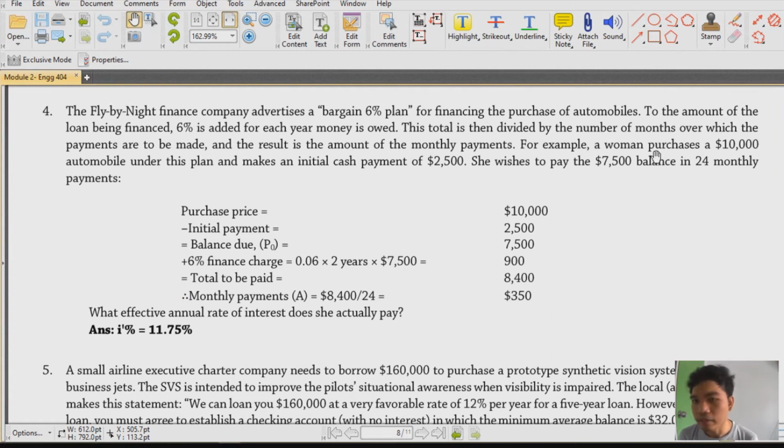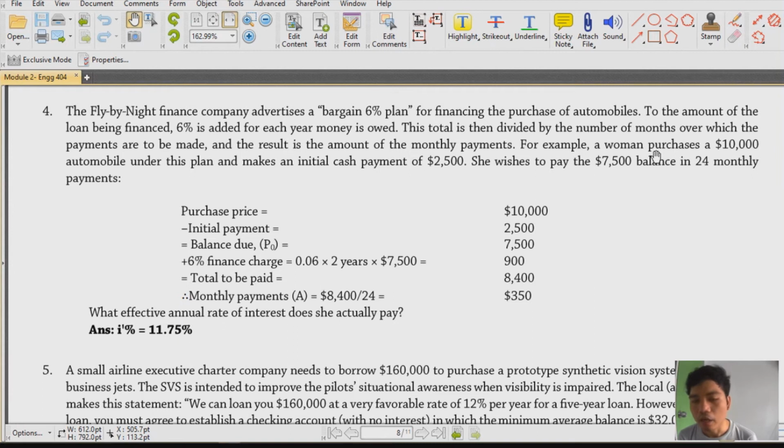The total is then divided by the number of months over which the payments are to be made, and the result is the amount of the monthly payments. Now, for example, a woman purchases a 10,000 automobile under this plan and makes an initial cash payment of 2,500. She wishes to pay the 7,500 balance in 24 monthly payments.